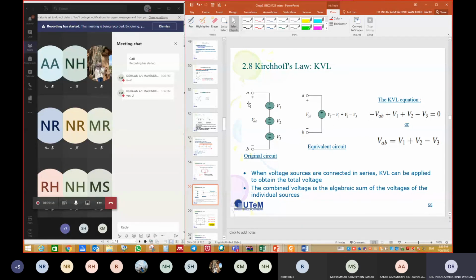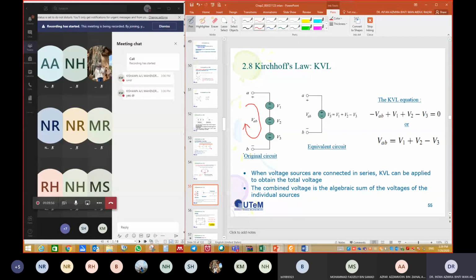We apply KVL. Always draw the KVL arrow in the clockwise direction. Let's say this equation uses the first sign.